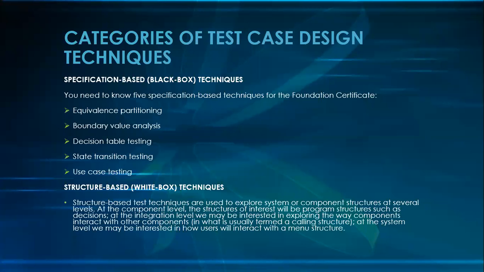Now, this is also just a clearer view for me to make you understand and bring you back again so that you don't forget what I have told you initially. You should know 5 specification-based techniques: equivalence partitioning, boundary value analysis, decision table testing, state transition testing, and use case testing.